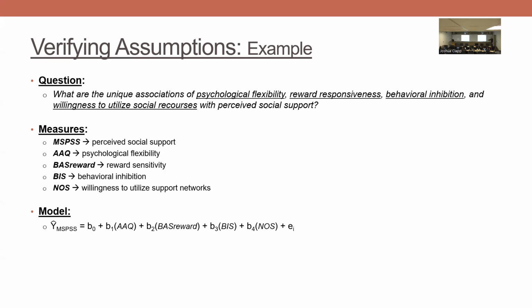So our predicted value of our outcome is a function of our intercept, our starting value, and then we make adjustments up and down based on our other predictors: psychological flexibility, reward sensitivity, behavioral inhibition, and willingness to utilize social networks. And then on the end, this is our error term, our residual. This is what we're going to spend most of our time worrying about when we get into nesting.